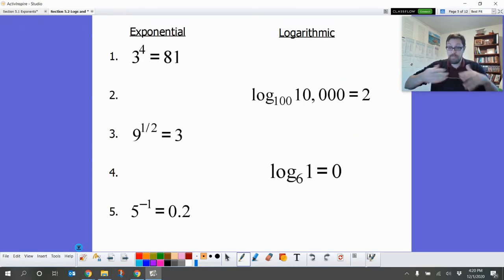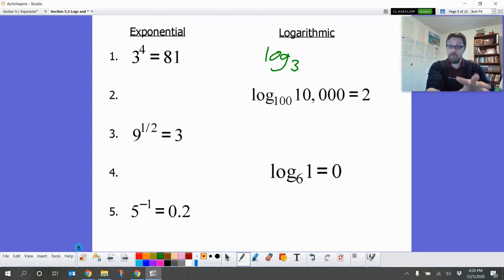So let's practice some of these. We have one side, but we need to translate it into the other side. So we have 3 to the fourth equals 81. If we wanted to translate that into a logarithm, we would use the same base as the exponential. So we would have log, and then its base would be 3, the same base that was in the exponential. Then we grab the other side of the equation. We don't move immediately to the 4.